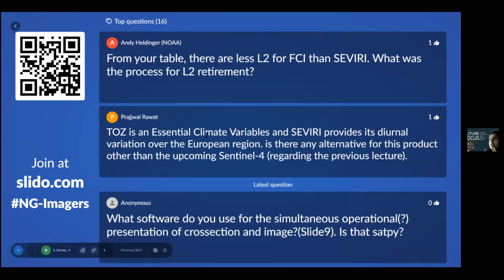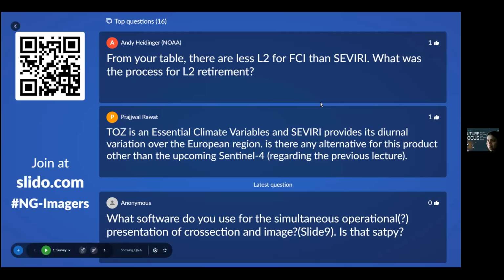Yes, what we did is a level 2 product survey with our member countries. From that survey, we drew the conclusion to stop disseminating products which were not so widely used, as there were alternative products already available from SAFs, or the quality wasn't good enough. So shortly, that's the reason.